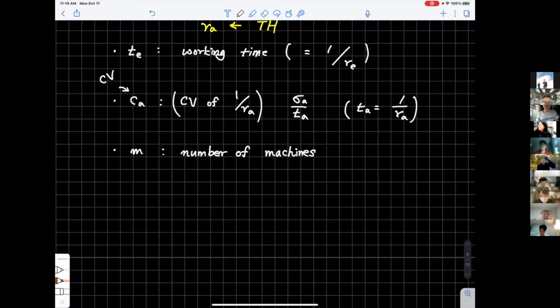We will continuously assume that all machines belonging to the same process have homogeneous properties. It means that all the same machines will be included in the same process.